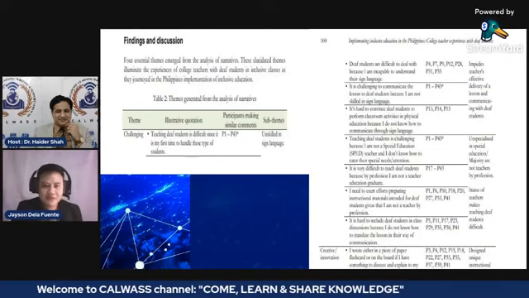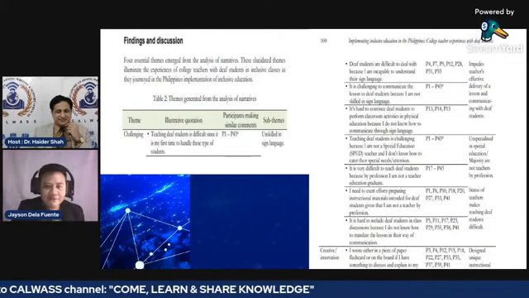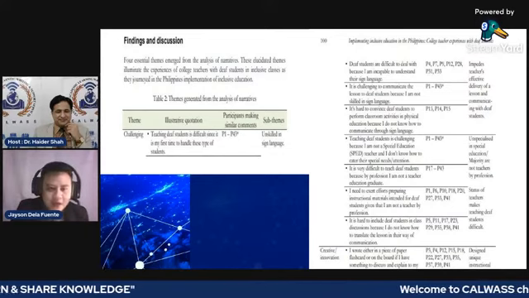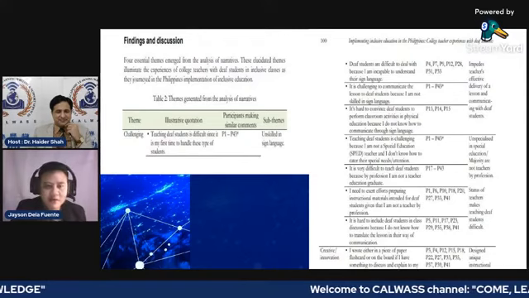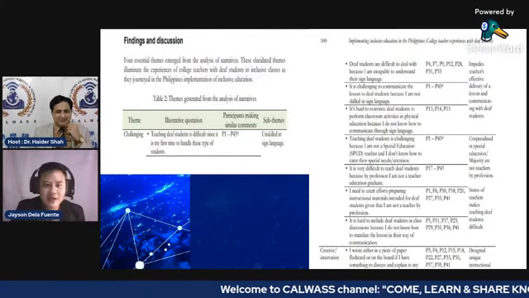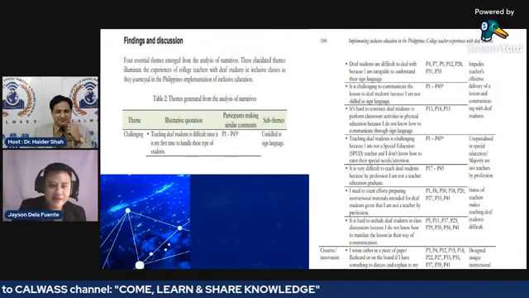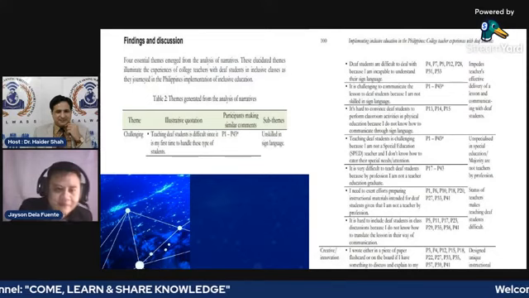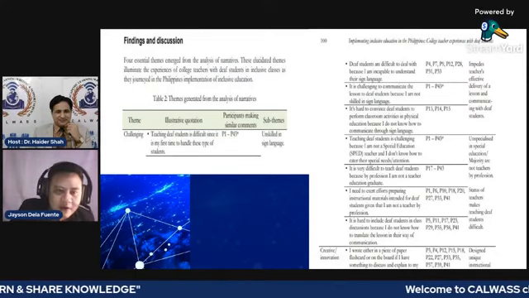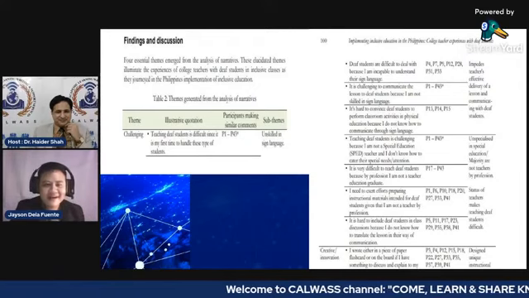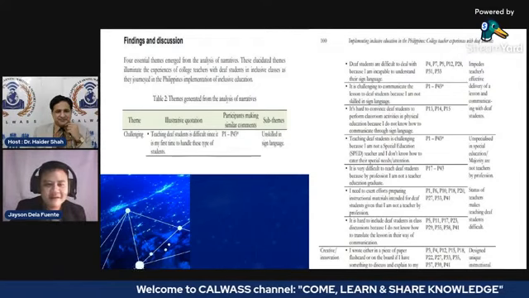In the table, you can see the theme, illustrative question, then the participants, and then sub themes. In my first theme, I have here, okay, wait, I cannot see.